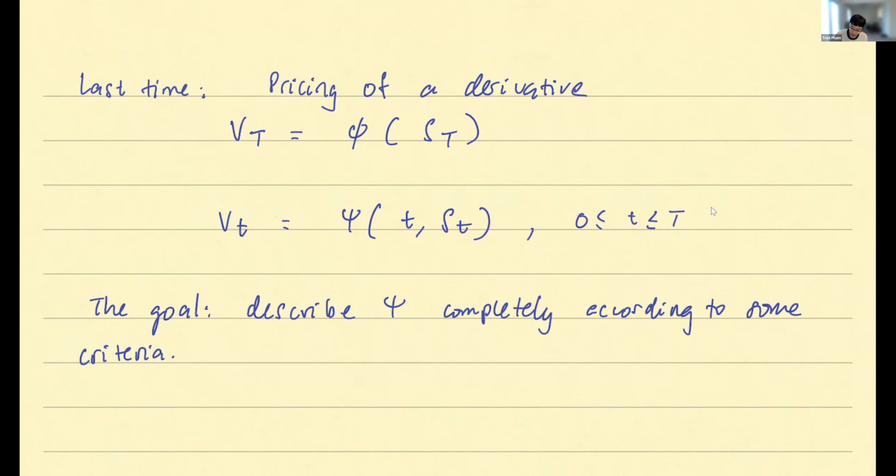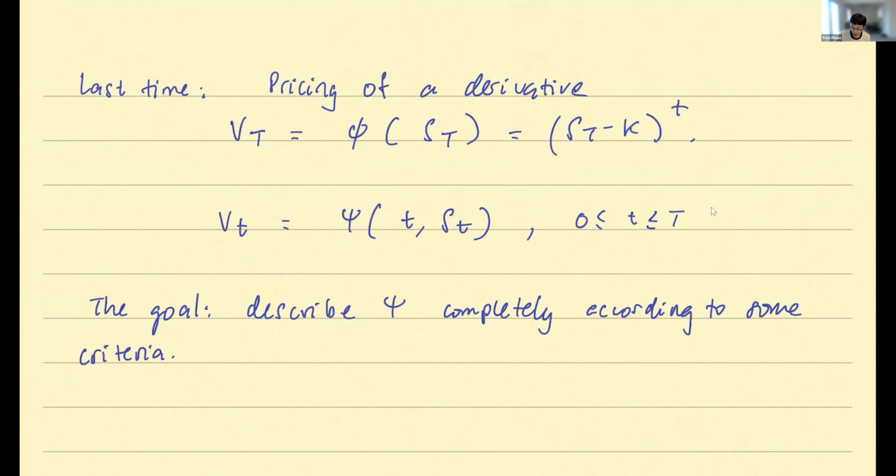Anyway, notice that intuitively, because a derivative takes its value from the fundamental asset, the functional dependence is still there at any time prior to expiration, except that at expiration this dependence is easy, or is specified by the contract, for example a call option.